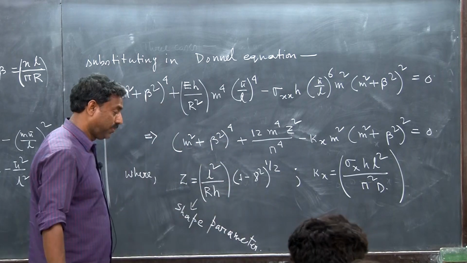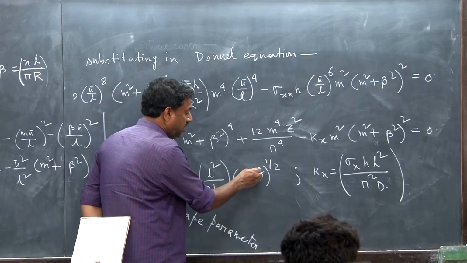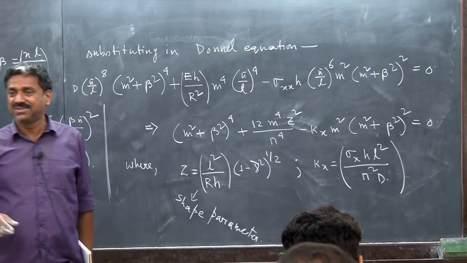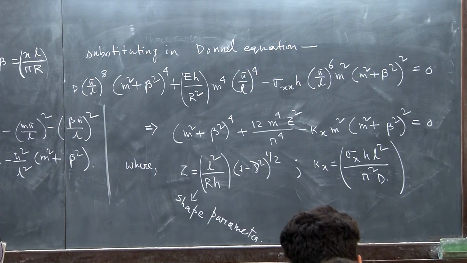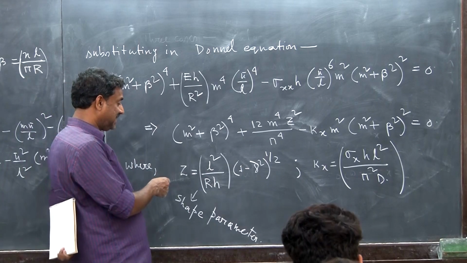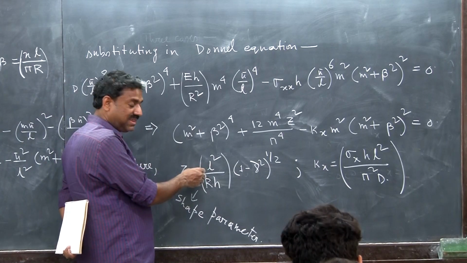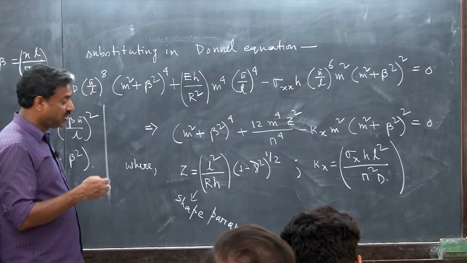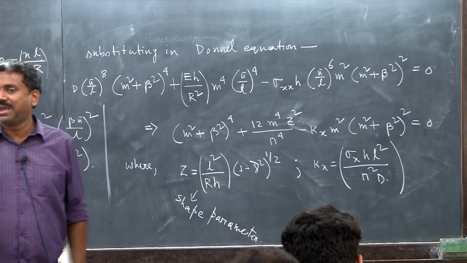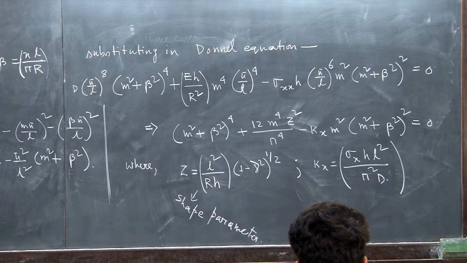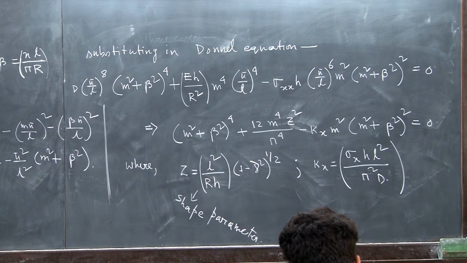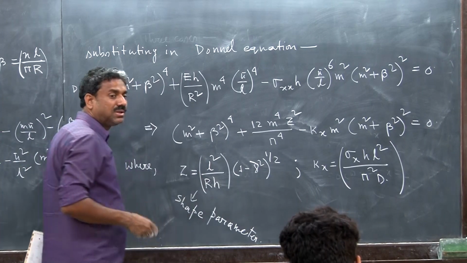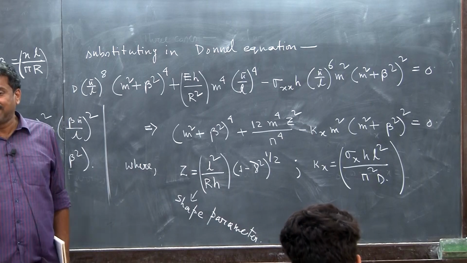Because it's a function. Of course, it's one of the functions of the Poisson's ratio, because it's a two-way bending, so their coupling will be there. But essentially it involves the length, radius of curvature and thickness, right? So it's a function of, see, L by R is what? It's a slenderness ratio, right? L by H is like, so essentially it is a geometric parameter that will basically control the buckling.